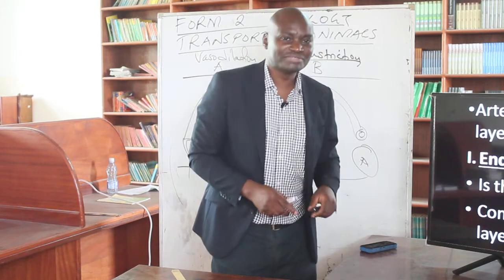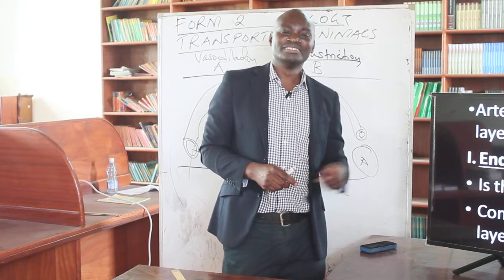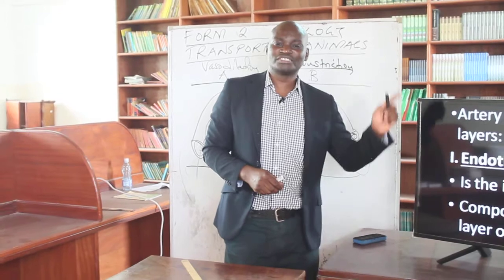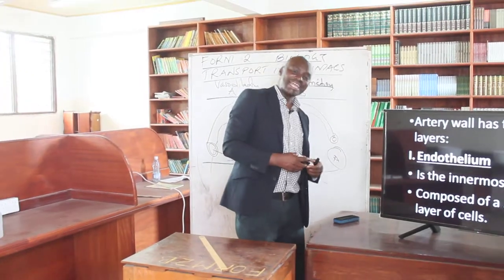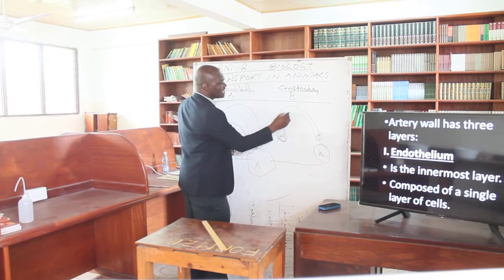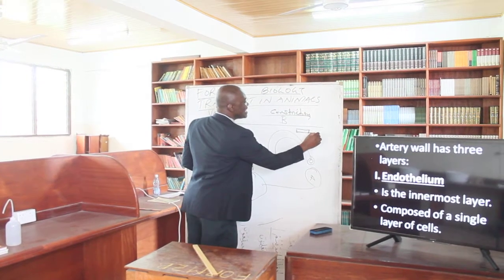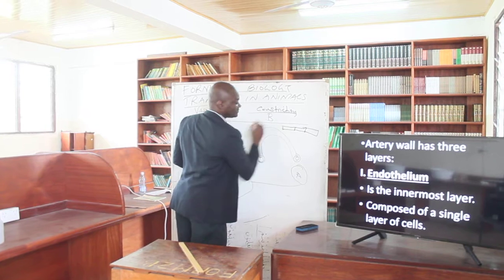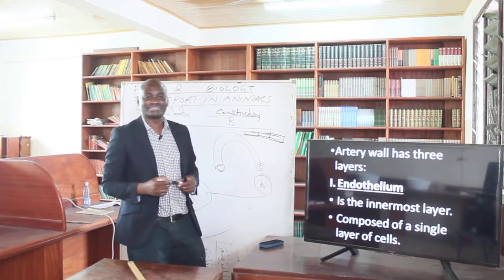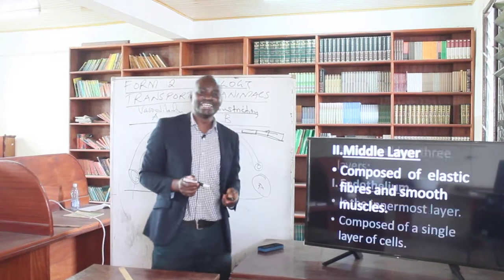The first layer we have said is endothelium. This is the innermost layer and is composed of a single layer of cells. So that endothelium is made up of a single layer of cells, very thin and innermost.